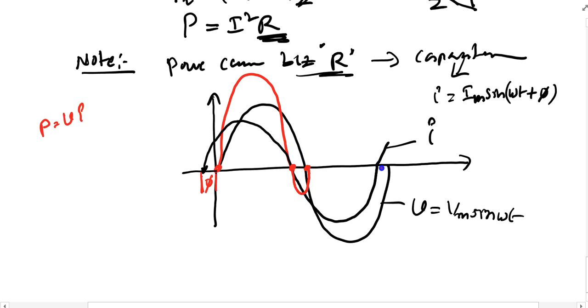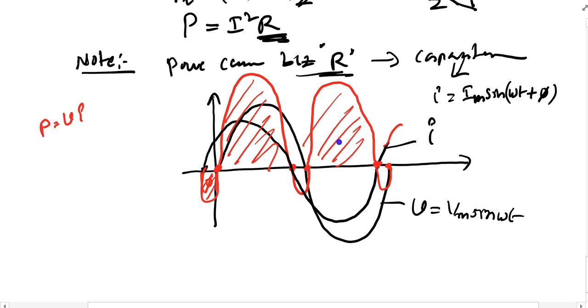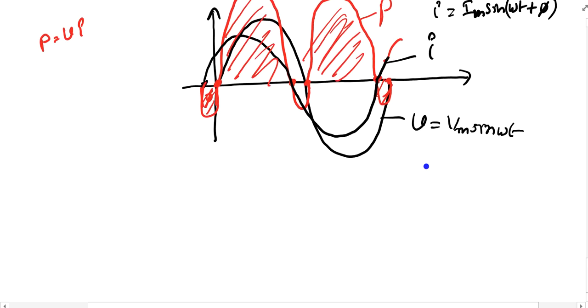And again for this part, both are negative, and the product of the two negative polarities is positive. Same thing you do, and this is what my power is coming, something like this. So this is my power. Here is the observation we made.